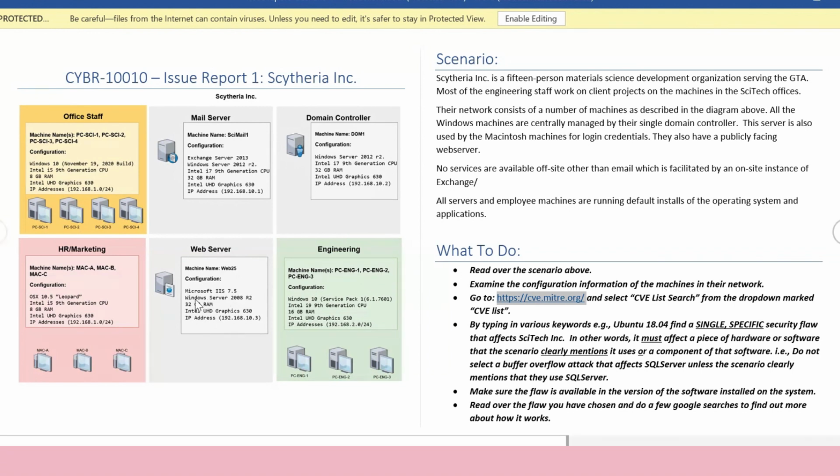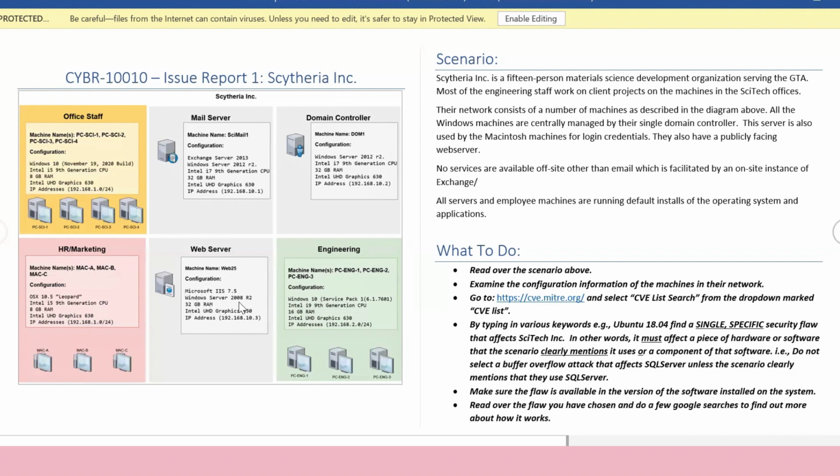Another thing is whether there is any vulnerability for Windows Server 2008 R2. I think those are the only two things we can check. Microsoft IIS is an application that is already on the Windows web server. So let me check for Microsoft IIS 7.5. I think that would give me more results compared to just searching Windows Server.